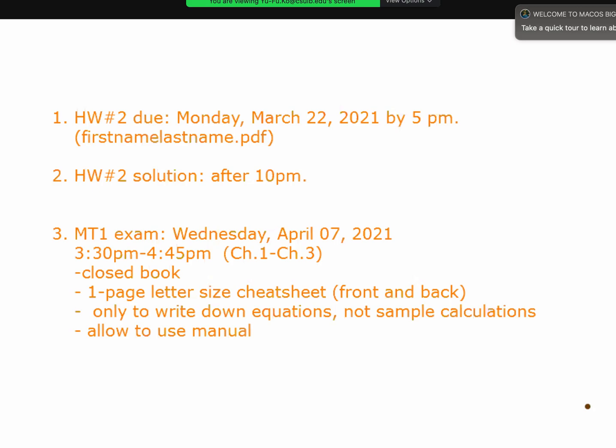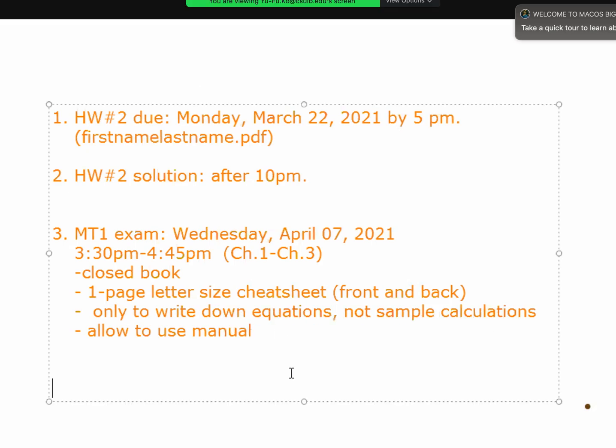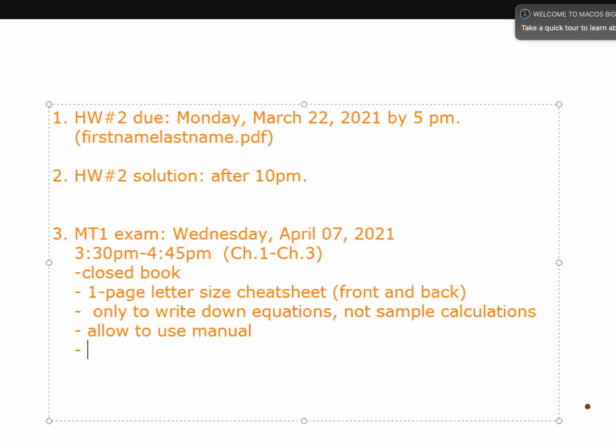So let me put a note. But you said, I believe in the very first class we had, that for the solutions from the construction manual, we can use a PDF of that for the test, right? Oh, that's okay. That's totally fine. So the manual, you can use hard copy or PDF.